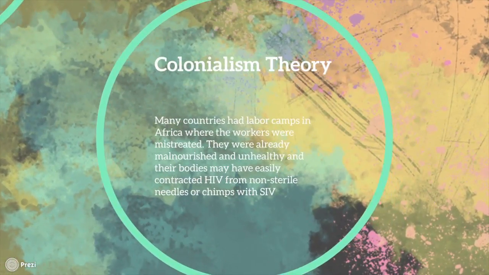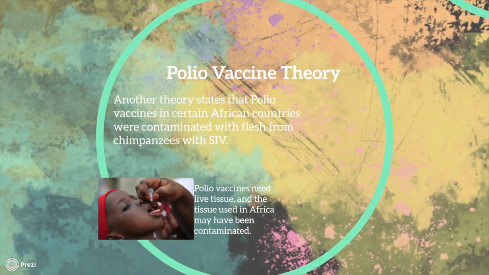Colonialism theory. Many countries had labor camps in Africa where the workers were mistreated. They were already malnourished and unhealthy, and their bodies may have easily contracted HIV from non-sterile needles or chimps with SIV. Polio vaccine theory.